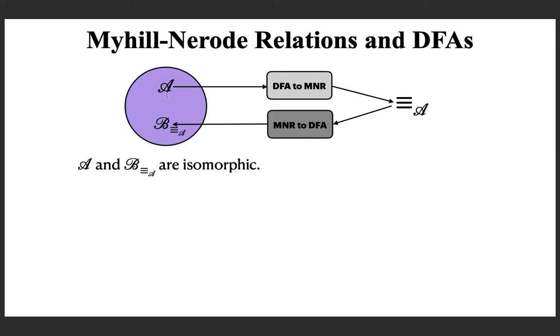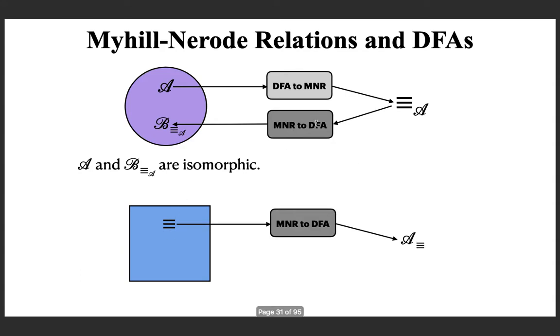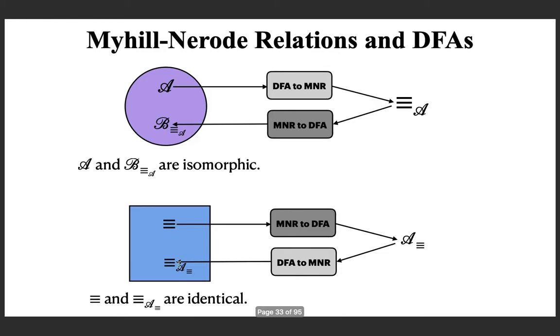So here we started with a DFA and ended with a DFA. They are isomorphic. Or you can start with a Myhill-Nerode relation. Suppose you have a Myhill-Nerode relation, then you can apply this construction first to get a DFA. Then from this DFA, you can apply this construction to get a Myhill-Nerode relation. And in this case, we saw that these two Myhill-Nerode relations are identical.